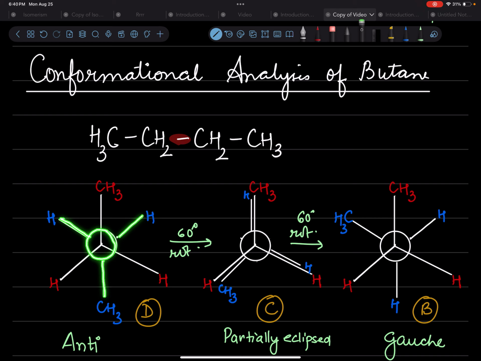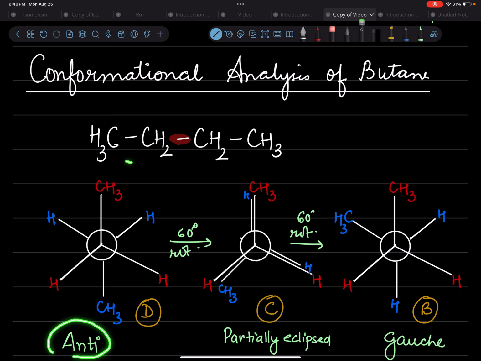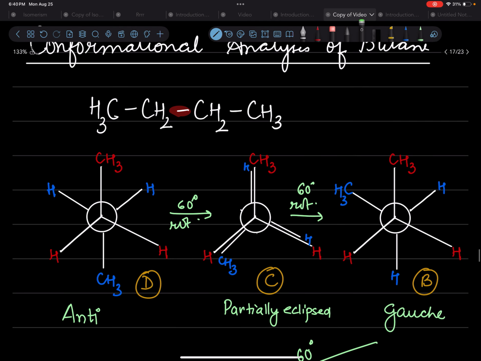I have depicted the first conformation as the anti-conformation, but you can start with any conformation you want. I started with the one where the bulky groups are as far apart as possible, like 2 CH3s are totally anti or opposite to each other, right? This conformation is called the anti-conformation.